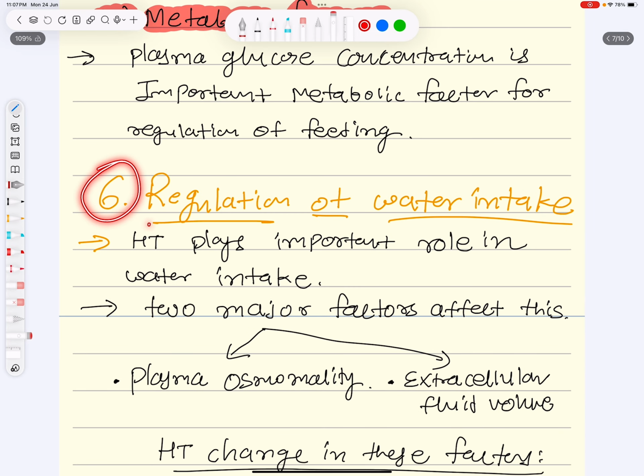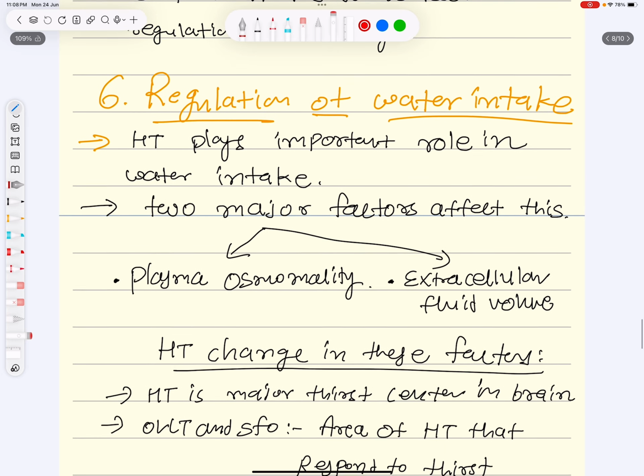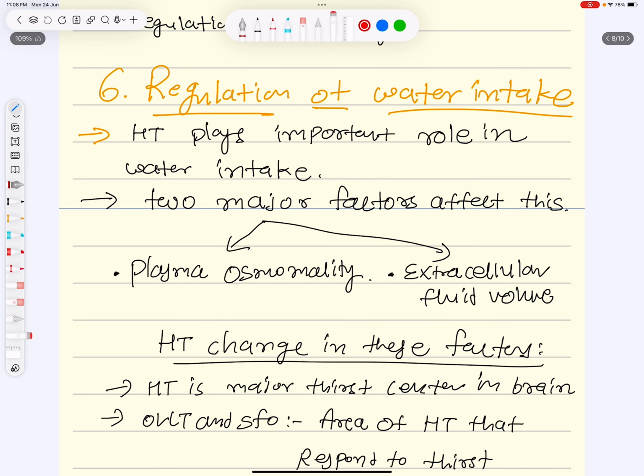Then the sixth is regulation of water intake, the water and fluid we take into our body. The hypothalamus plays an important role in water intake. The hypothalamus plays an important role in everything, but water intake is a major role. Two major factors affect this.